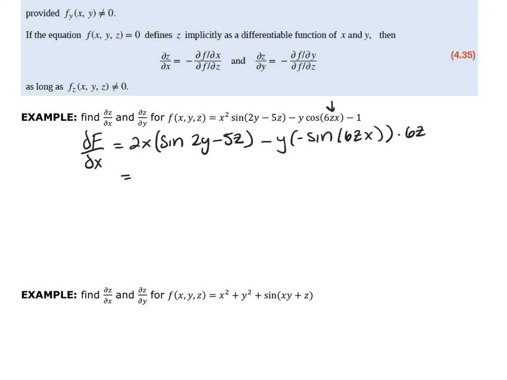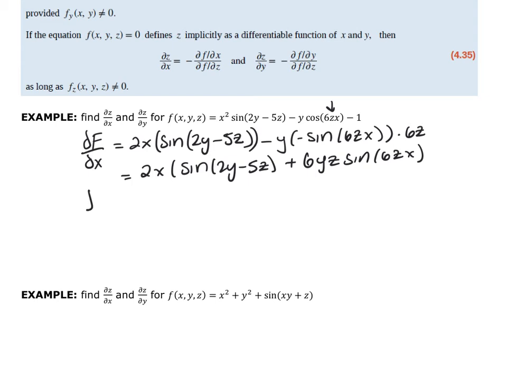So this is going to be 2x times the sine of, don't forget to put that in parentheses, 2y minus 5z, plus the y times the sine of x. Oh, I probably should put that 6z first. So 6yz, the sine of 6zx.